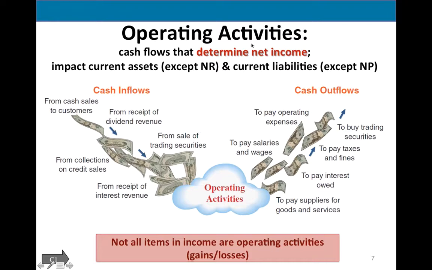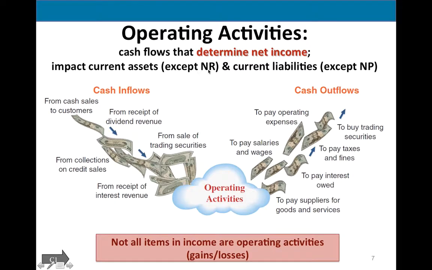So operating activities, like I said, are any cash flows that determine net income. Anything for day-to-day activities, anything that impacts our current assets and current liabilities, right? So if, for example, I am earning cash revenue, or I'm paying off my accounts payable, or I'm paying to buy supplies, or I'm paying for day-to-day expenses.